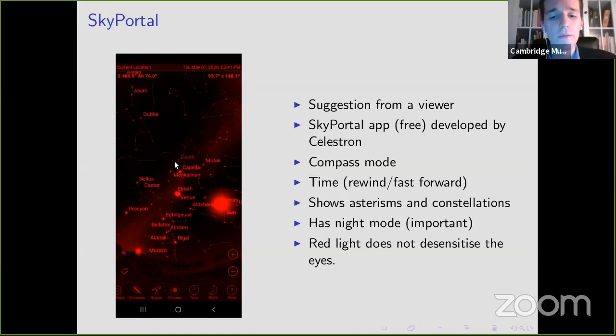But with red light, this doesn't happen, and so it's quite convenient to have with you outside. It's much more convenient than star charts or these star wheels, where one needs a light in order to read them. But here one has red light emanating from the screen, so quite convenient.